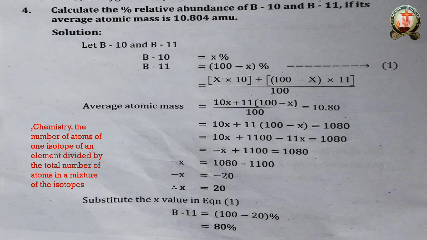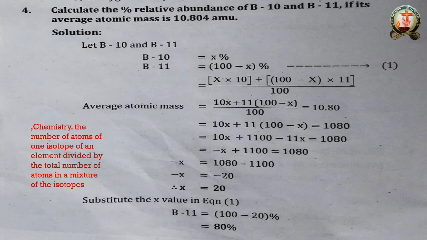Now, x into 10 is nothing but the B-10 contribution, plus (100 minus x) into 11 for B-11, divided by 100, because we are going to calculate the percentage.